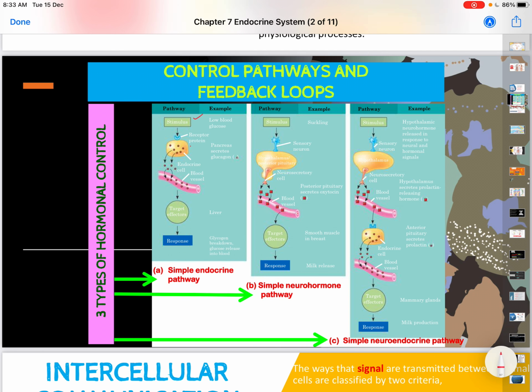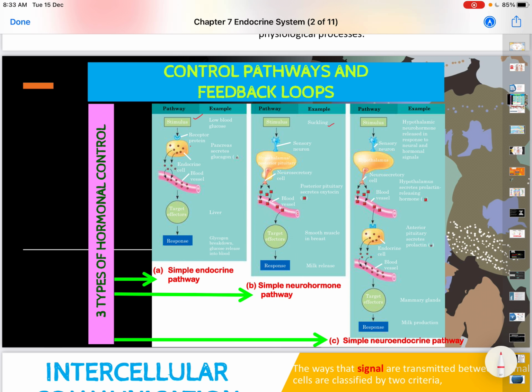Let's see an example of the simple neurohormone pathway. It starts with the action of suckling, for example babies who suck the mother's milk. The activity of suckling produces a signal.